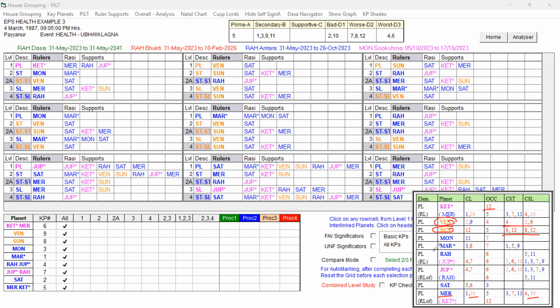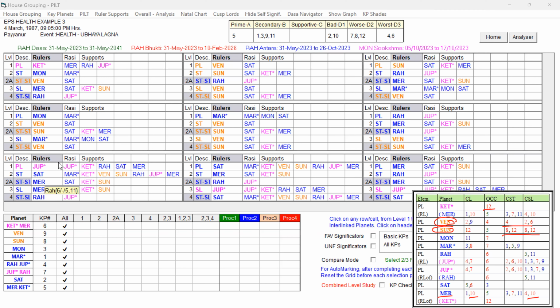Now what we have to do, we have to check the destiny. Lagna sublord. You check the Lagna sublord. Lagna sublord is Jupiter, in the star of Saturn, sub of Mercury, and the star lord of the sublord is Rahu.